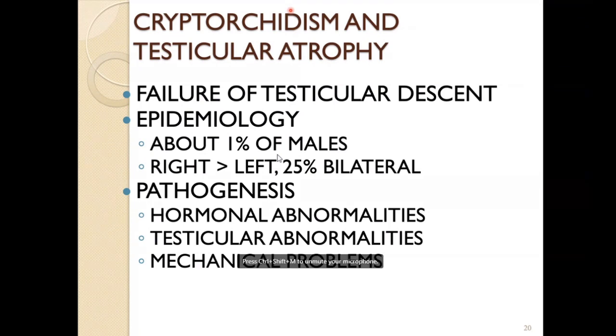So when there is inflammation which has taken place around the pathway where the testis should pass through, and therefore if there is a scar, the testis cannot pass through, and so on. So these are mechanical problems. And so if you find this, you can correct that.